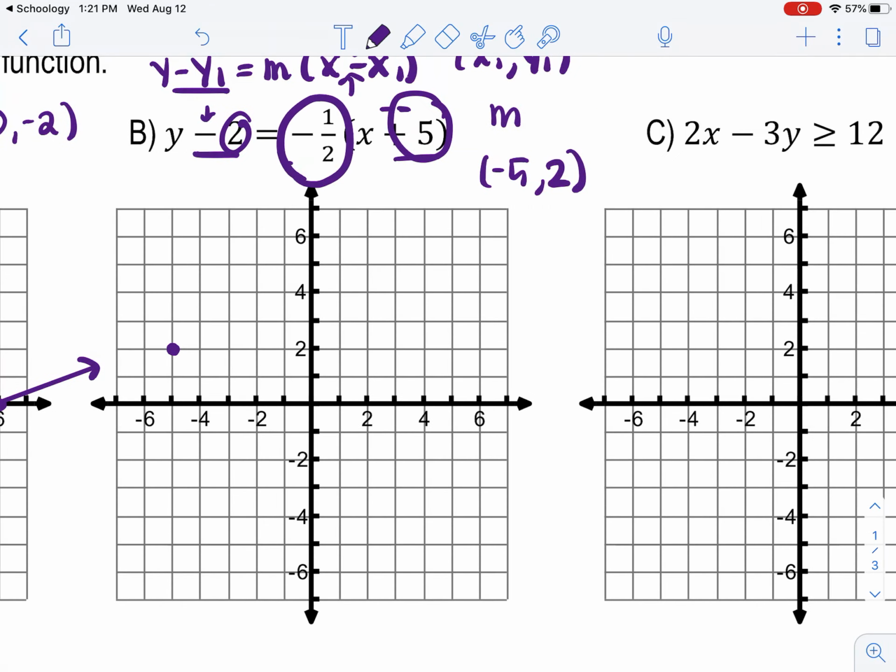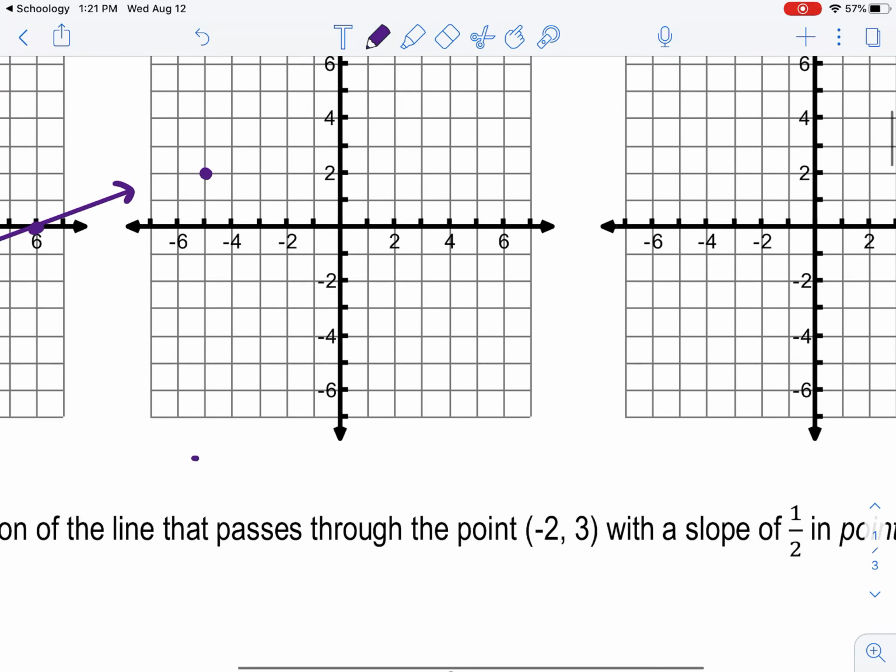And then now you're going to use your slope, -1/2. So -1/2 can be written 3 ways, like this. That says -1/2. This says -1/2. And this says -1/2. This one right here is ugly, but it technically says -1/2.